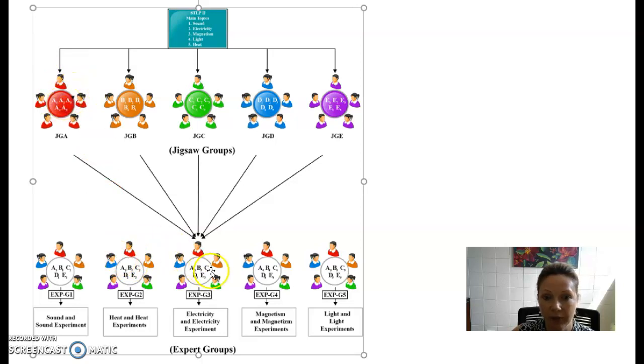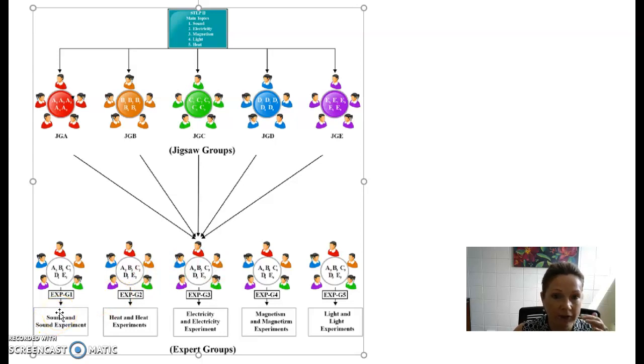One person from A comes to this expert group 3, etc. One person from Jigsaw group B comes down to this expert group 1. Another person from B comes to expert group 2, another person from B 3. So everybody is now spread out. Nobody is working with the same person anymore, okay?